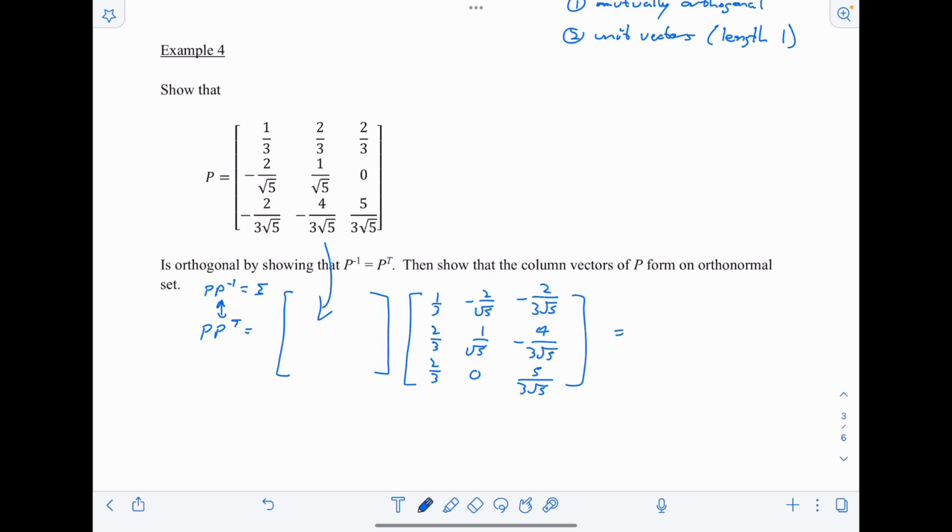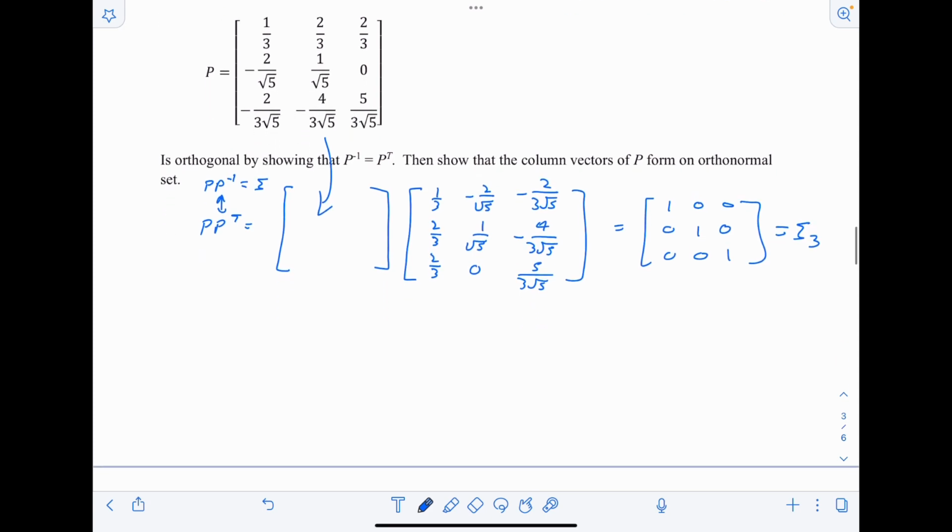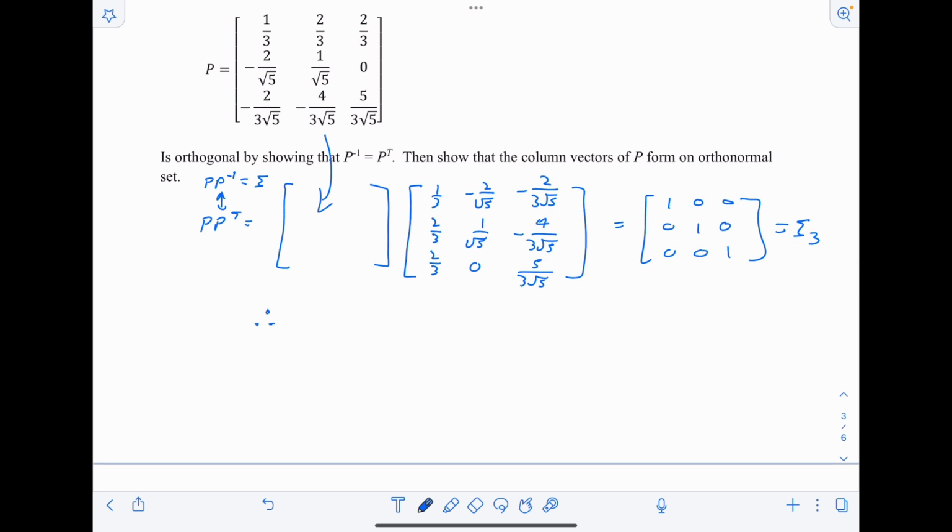I will tell you that, in fact, it does equal the identity matrix. And therefore, that tells me that P inverse is equal to the transpose. So then it's orthogonal. And now we have to basically show that the column vectors have a magnitude of 1.